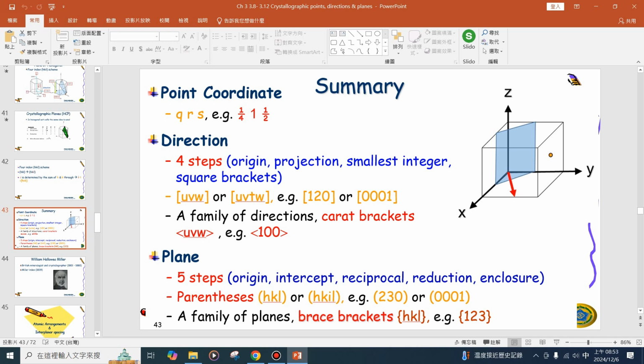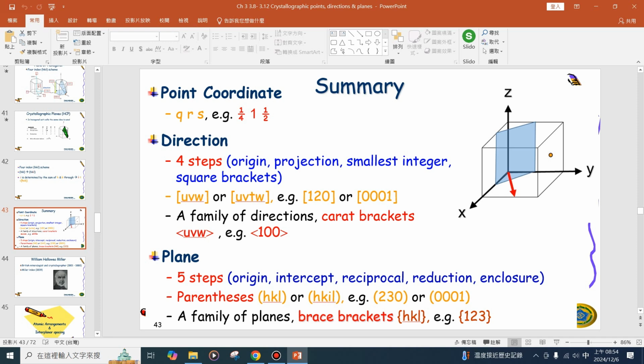Okay, and the third topic is we need to address a plane. And there are 5 steps for you to determine these 3 numbers. The first one is the plane cannot pass the origin. You cannot pass the origin.